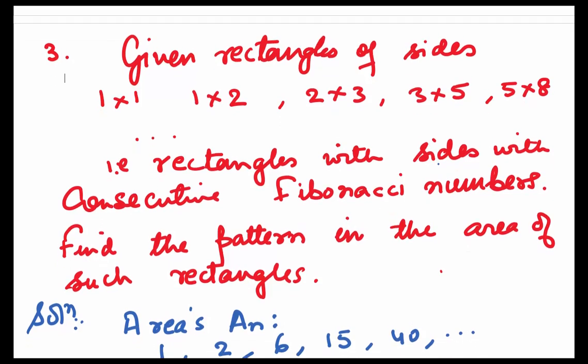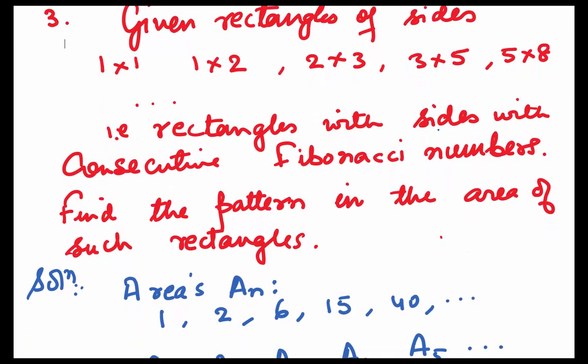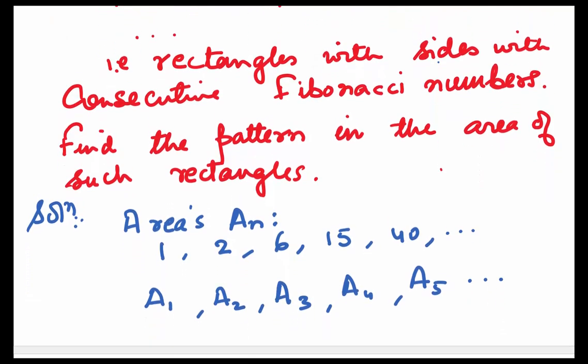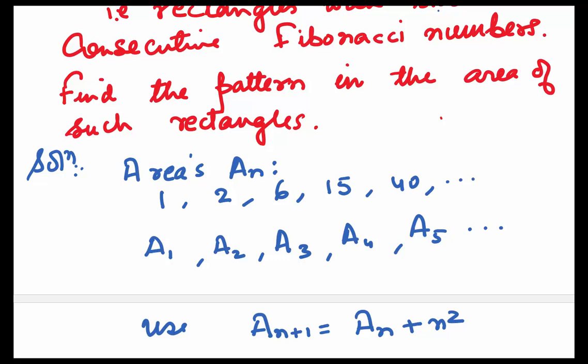Come to the third puzzle. Given rectangles of sides 1 by 1, 1 by 2, 2 by 3, 3 by 5, 5 by 8, etc. You can see here our sides are nothing but consecutive Fibonacci numbers. You have to find the pattern in the area of such rectangles. So see, areas, if you just find, it will be 1, 2, 6, 15, 40, etc. Let's call them A1, A2, A3, A4, A5.